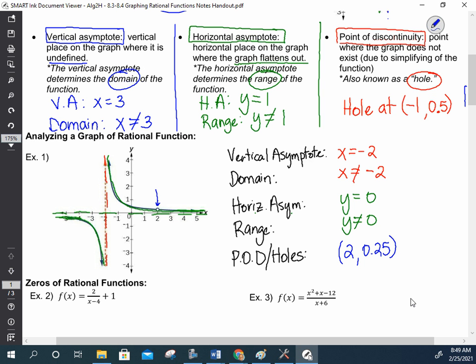If it's not directly on a whole number, then give your best estimate. As long as you're not all the way ridiculously off, you'll get credit.